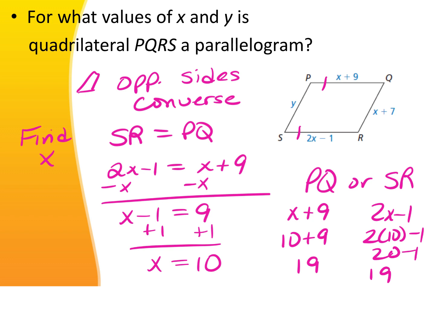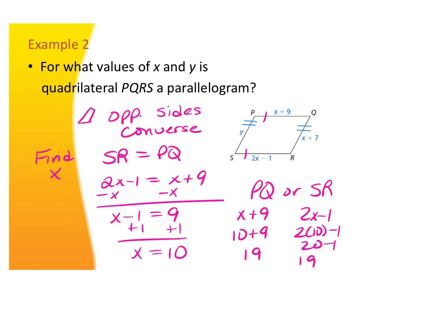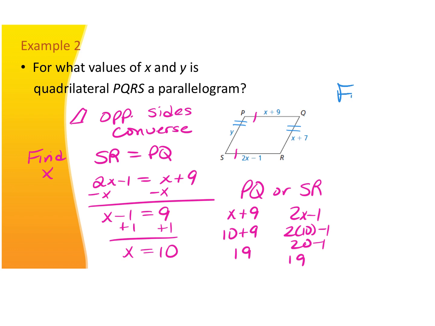Now, to find y, I am going to set PS equal to QR. PS is y, QR is x plus 7.